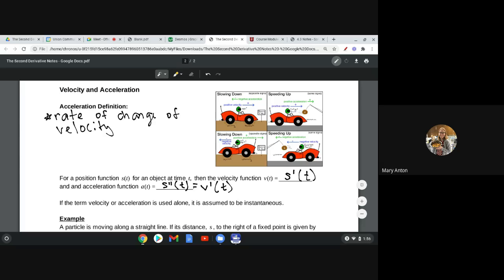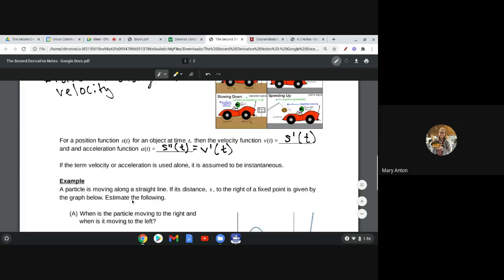And just a side note, if you see the word velocity or acceleration and there's not an average before it, so you're not finding the average velocity, you assume it to be instantaneous, so you use derivatives to find it.